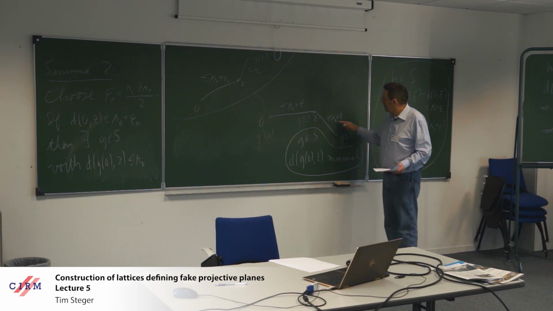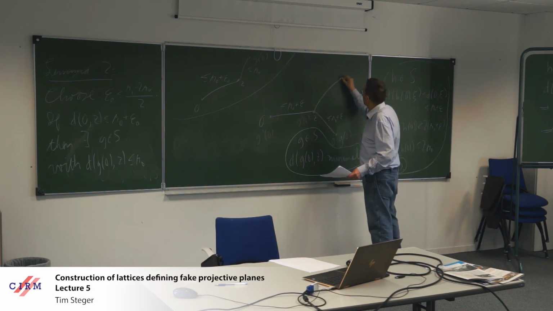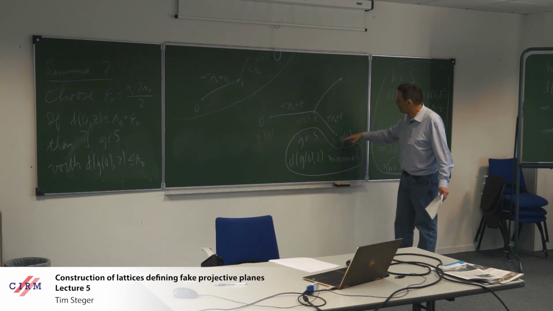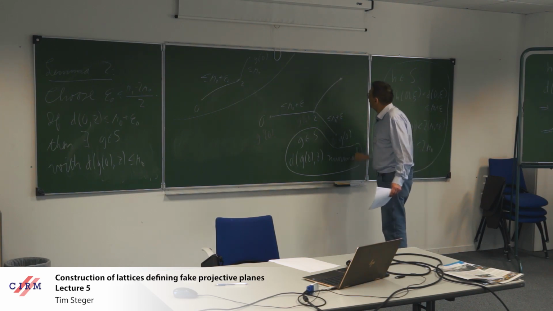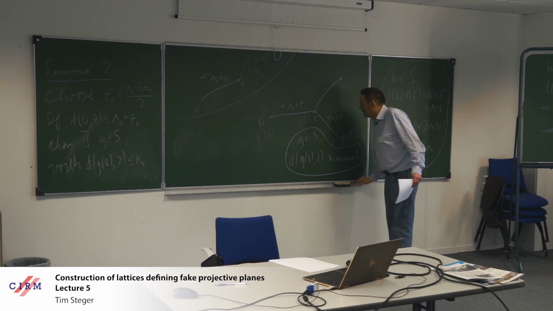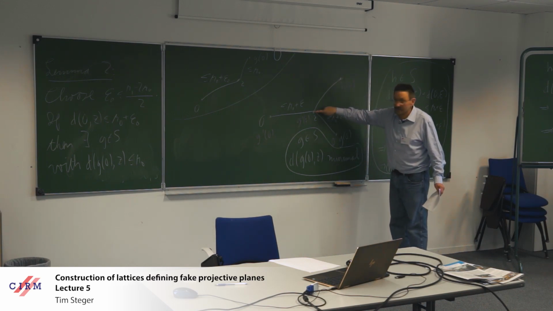However, if it isn't, then using the orange labels, we see that there has to be some other translate of the origin, h of 0, which gets us even closer to z.